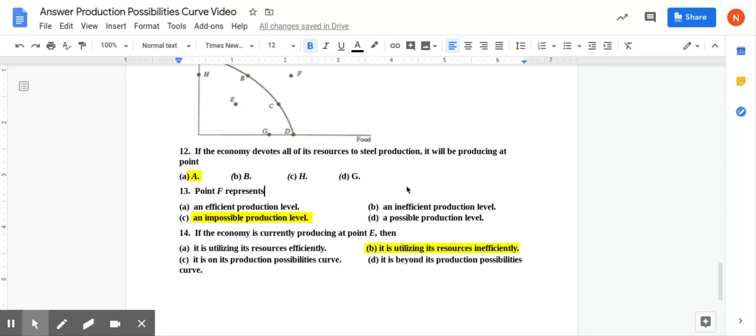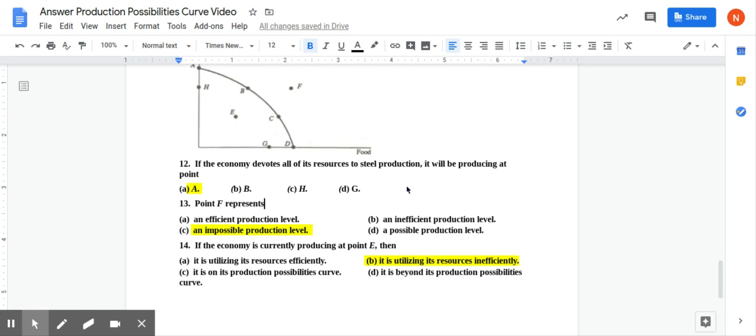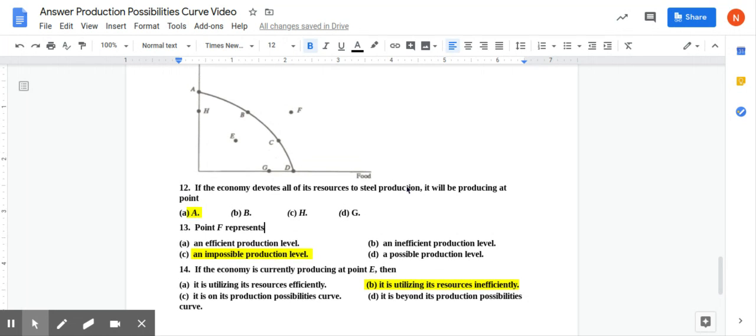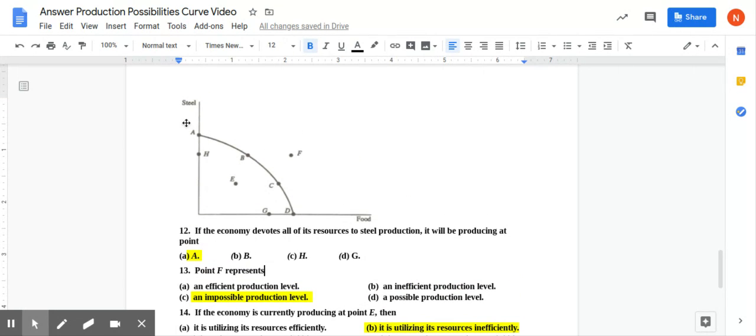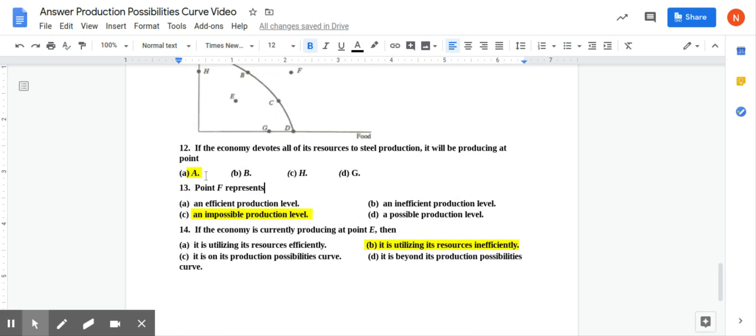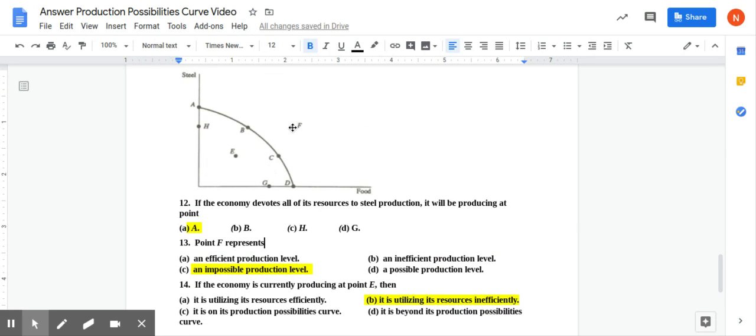All right, 12, 13, and 14. If the economy devotes all of its resources to steel production, it will be producing at. So if we go to steel, all of our resources are here. It's not going to be H because we can still produce more. This is where all of our resources are at, A. Point F is out here.